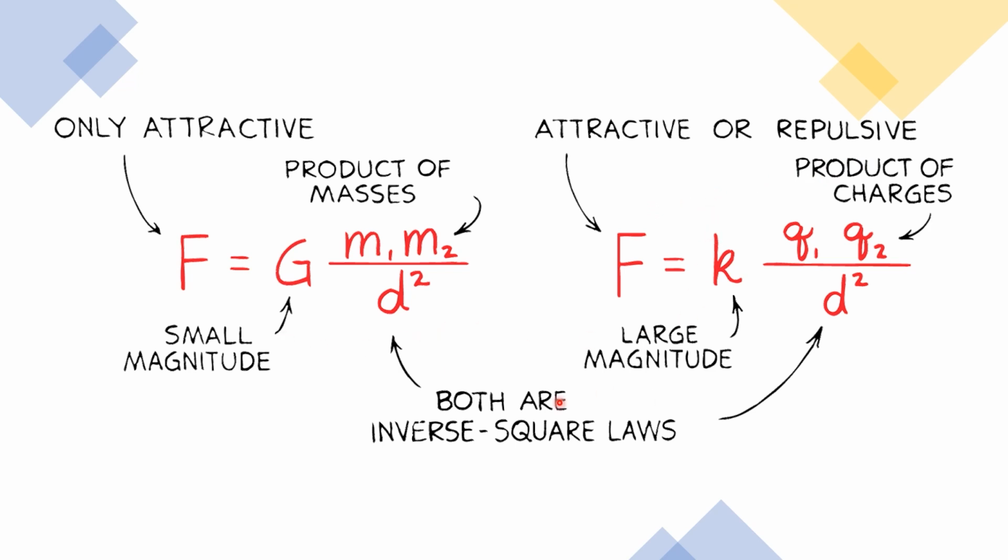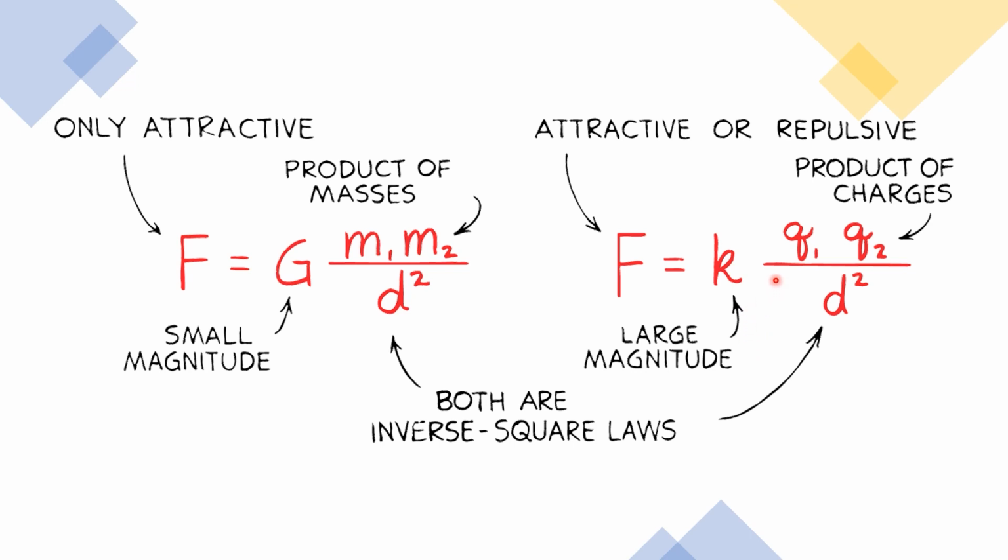But they are both inverse square laws. So a pair of 1 kilogram masses is extremely small compared to a pair of 1 coulomb charges, which is extremely large.